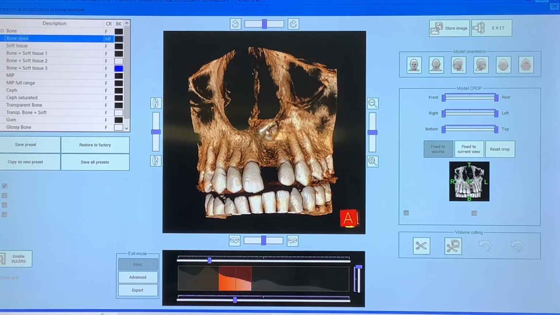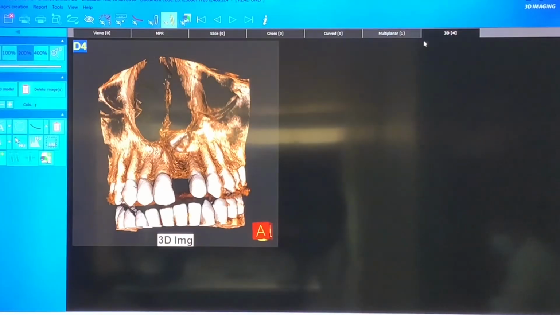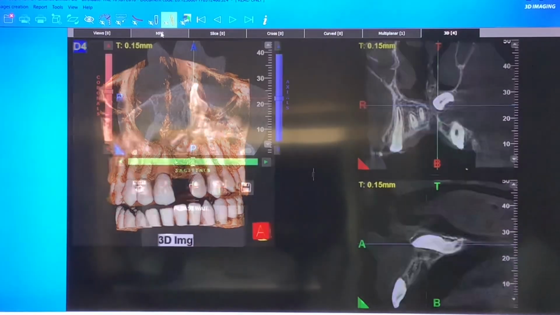So this tooth has slightly displaced the floor of the left nasal cavity superiorly, and bonding an orthodontic bracket onto the labial aspect would be very difficult. Probably we can try an orthodontic bracket on the palatal aspect and pull it down inferiorly, but it's a difficult task. So we would store this image and go on to MPR further.